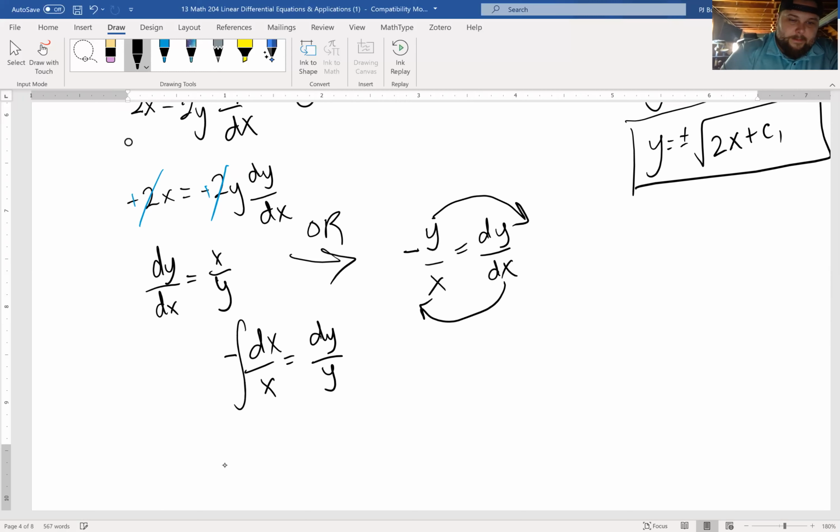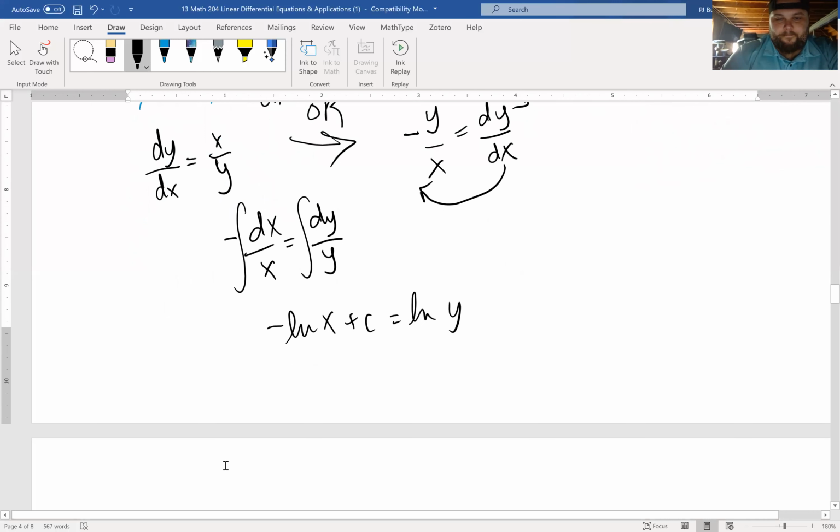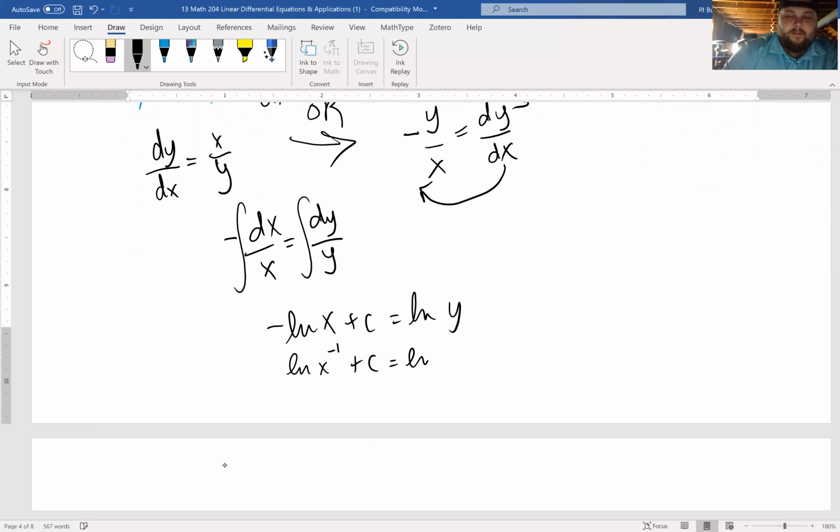Then I can integrate both sides. I'm going to go ahead and take this negative up on the x there, because I know I'm going to take e of both sides.